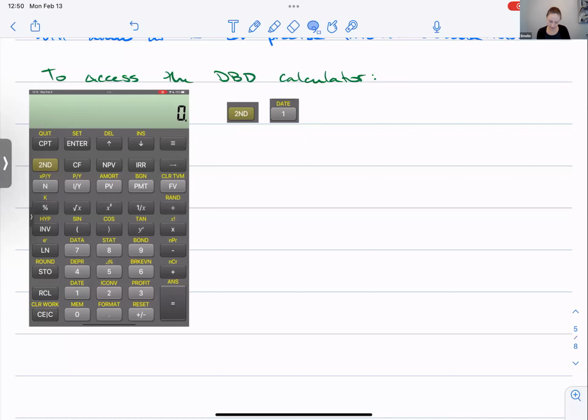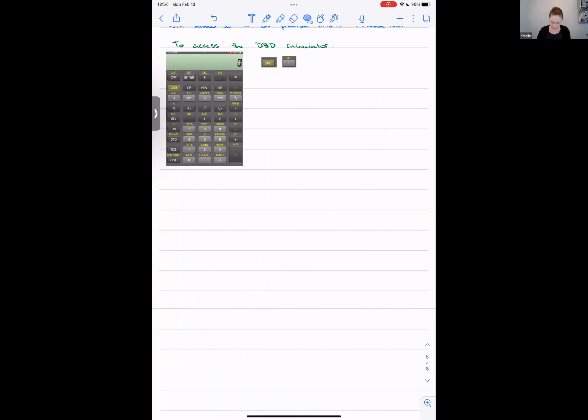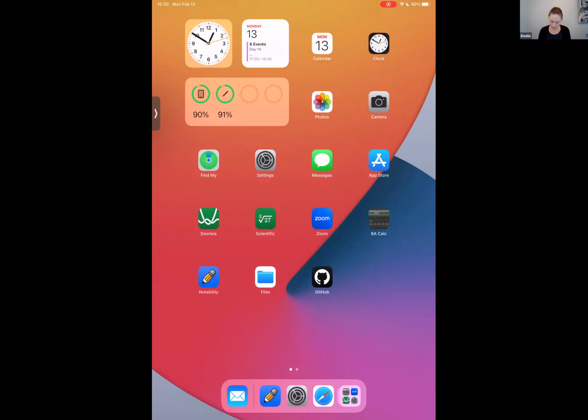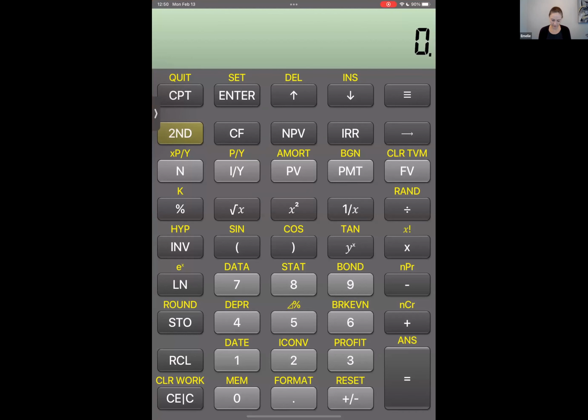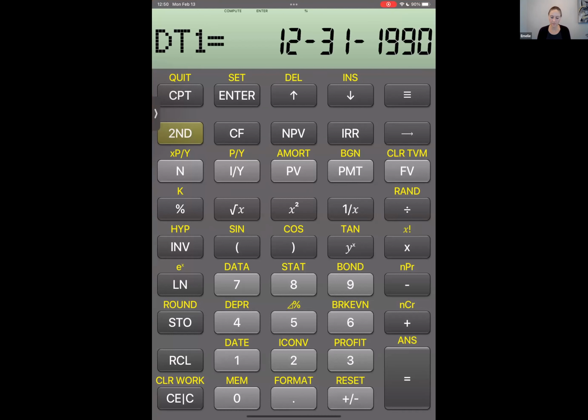So if we go there, change my screen. So I'm going to go to second date. Okay. Notice that it has date 1, and it has a specific format for the date. We can scroll down using the arrows. It'll change to date 2.